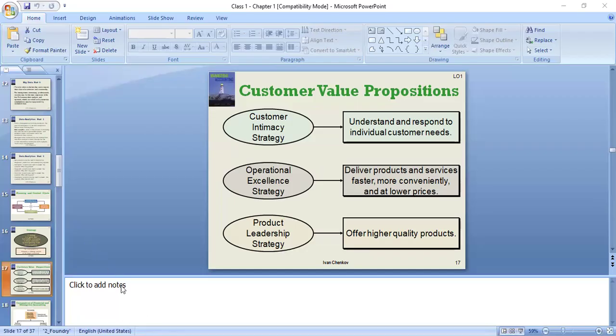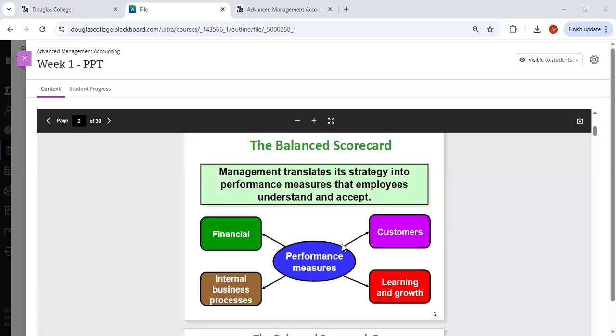Those are the strategies. So now let's go back to the balanced scorecard. I want to spend a little more time on strategy so you can understand what we're trying to achieve with the balanced scorecard. Everything we talk about in the strategy, I have to use those 4 performance measures to translate my strategy and make it understandable and acceptable for my employees. What are the options that I have here?